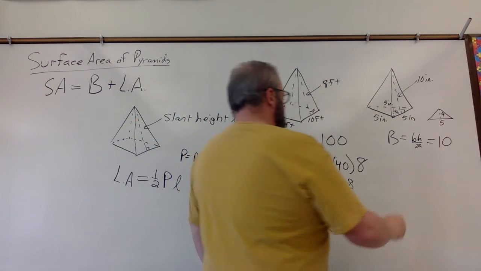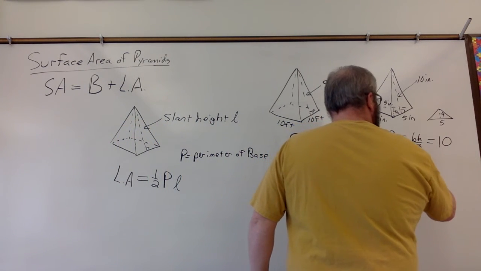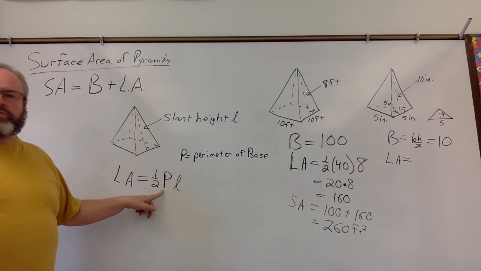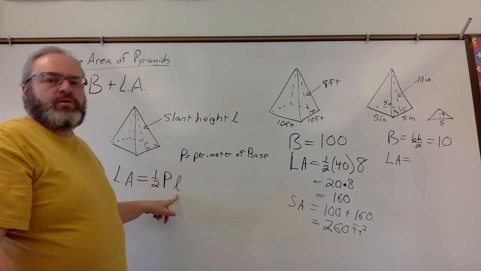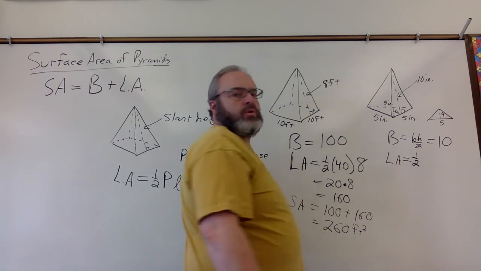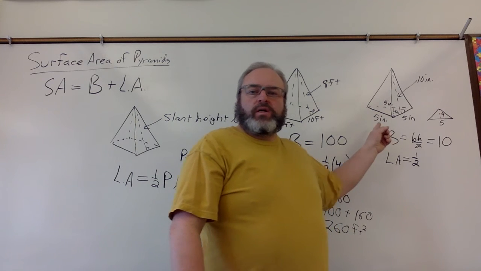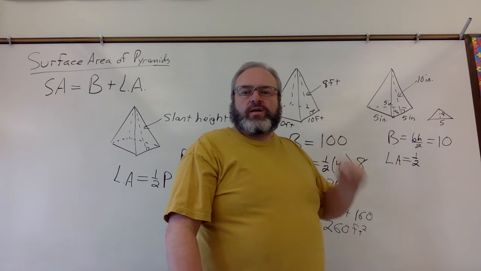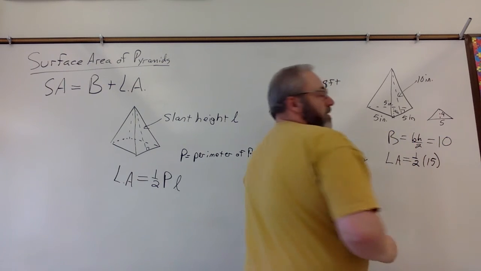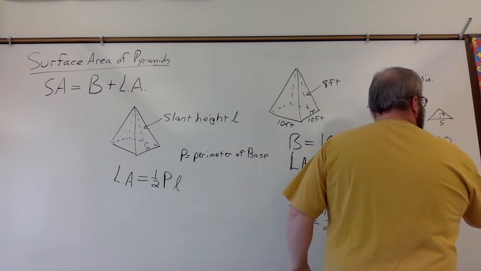All right. Now, lateral area. Remember, lateral area is half the perimeter times the slant height. So that would be 1/2 the perimeter. We have 3 sides this time, so 5 plus 5 plus 5, so that's 15, times the slant height of 10.